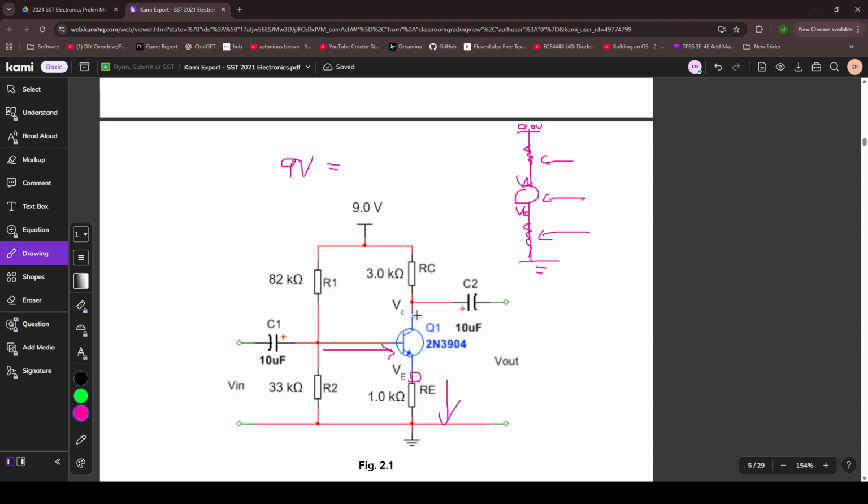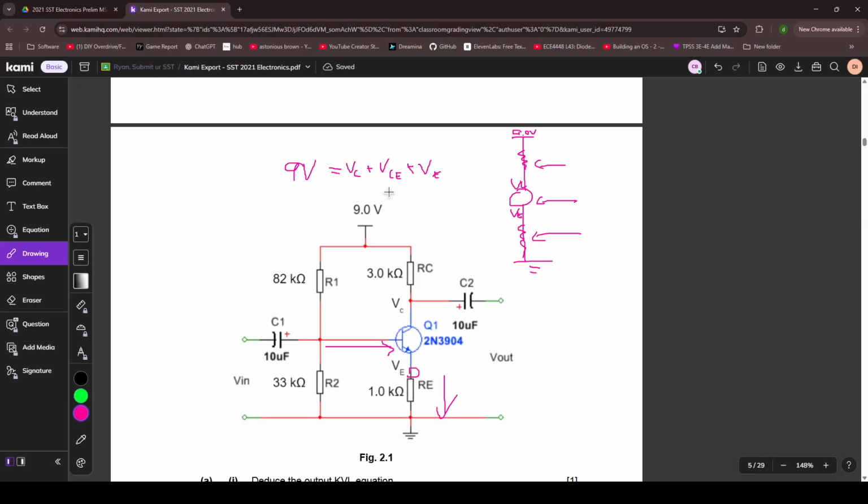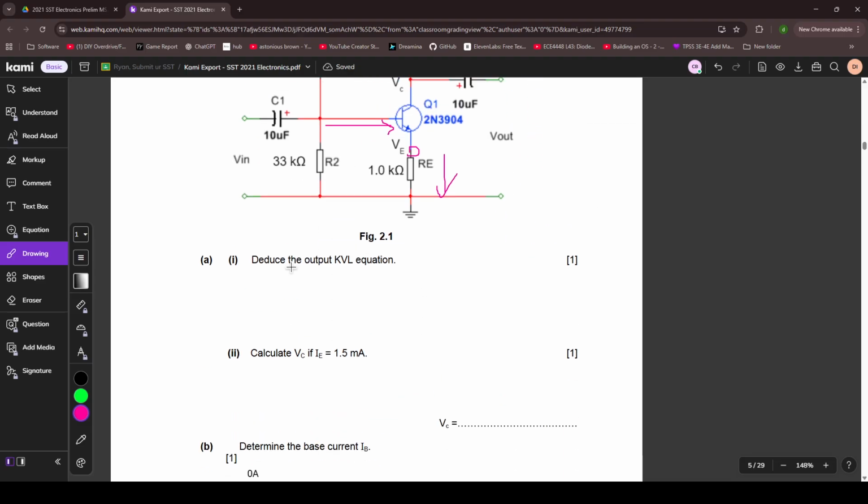That will be equal to the voltage across the resistor RC, the voltage from C to E, and the voltage of the E resistor. That's basically the given answer. It's just that they shifted everything to this side, and instead of 9 volts, they said VCC, which is stupid because there's already 9 volts. All in all, this is a very stupid question.